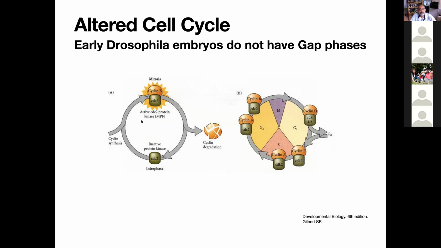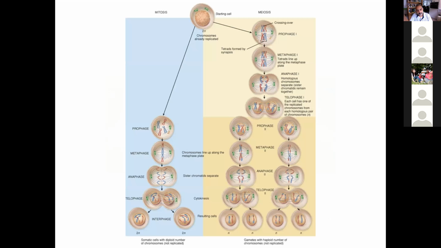So the early Drosophila embryo doesn't undergo cell division, and the first 13 cell cycles just go between M and S phase. It uses this CDC2 cyclin B mechanism, and cyclin B is degraded to bring mitosis to an end and then go into S phase interphase.